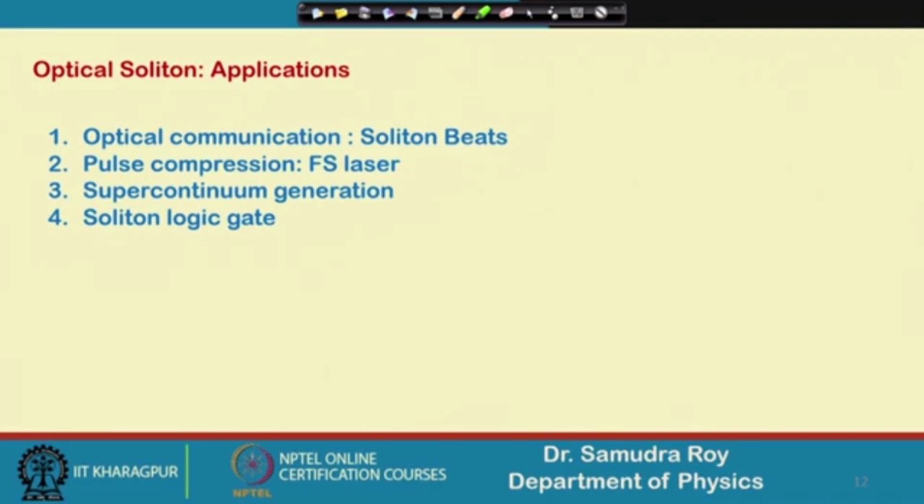So, if I generate optical soliton, they can move, and under some perturbation they can break into several solitons, and as a result we can have supercontinuum, which is basically a spectrum ranging from, say, 400 nanometer to 1800 nanometer and so on. So, this is a wide spectrum we call supercontinuum, and then finally soliton logic gates are something where we can use this soliton, and these are the few applications we have.